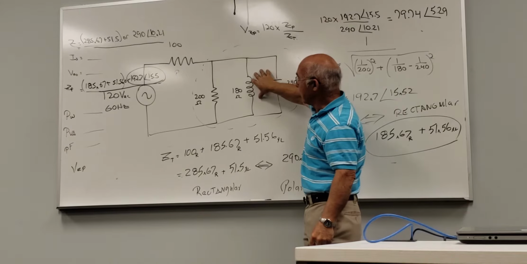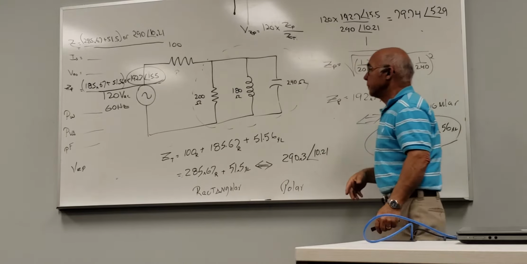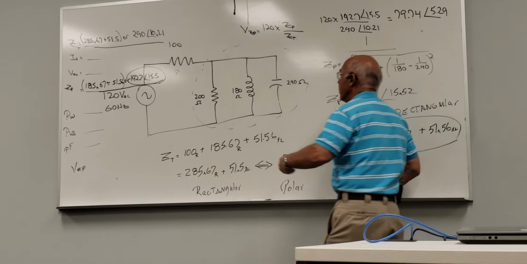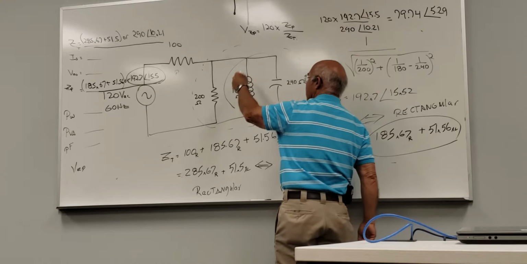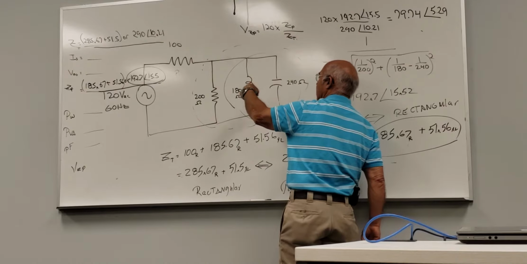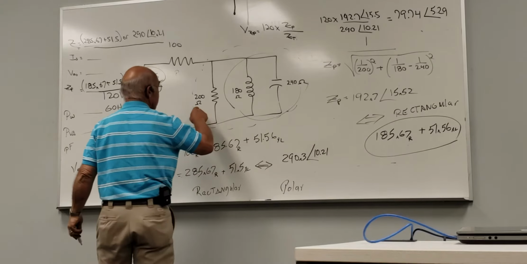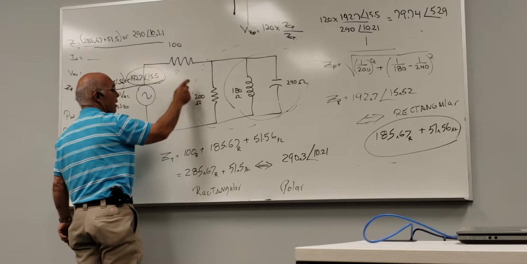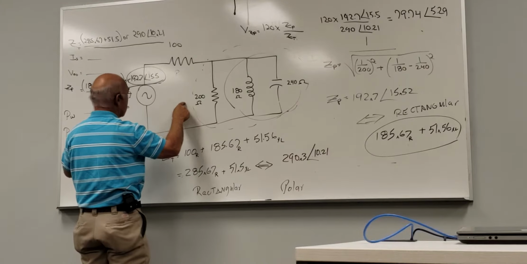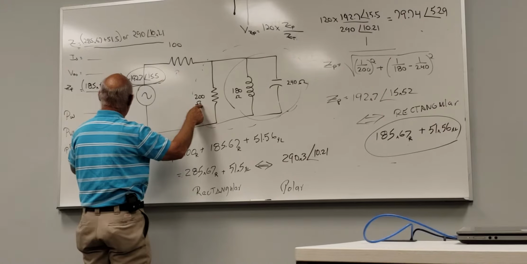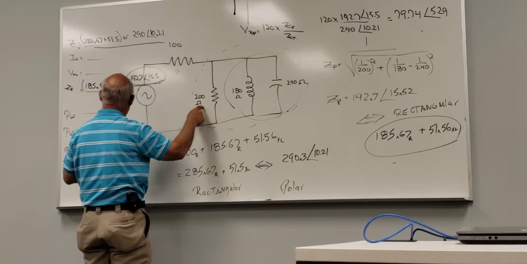So really and truly, all we got is 100 ohms and 200 ohms. Because these two are supplying each other's current, there's very little difference between the two. Most of the voltage is just voltage divider here. That'd be 120 times 200 over 100 plus 200, 300.